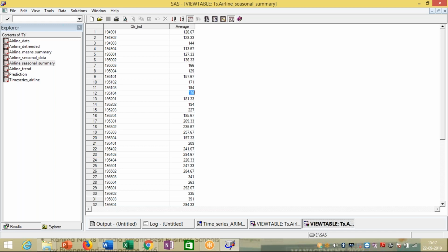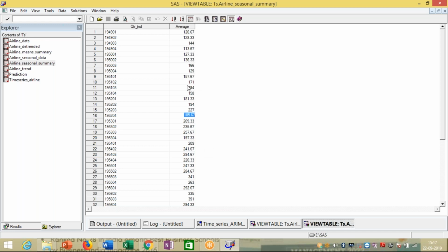Then 1951-04 is 158, then 185.867. So it is growing gradually because there is a positive linear trend, but every time the sales are dropping in the fourth quarter.